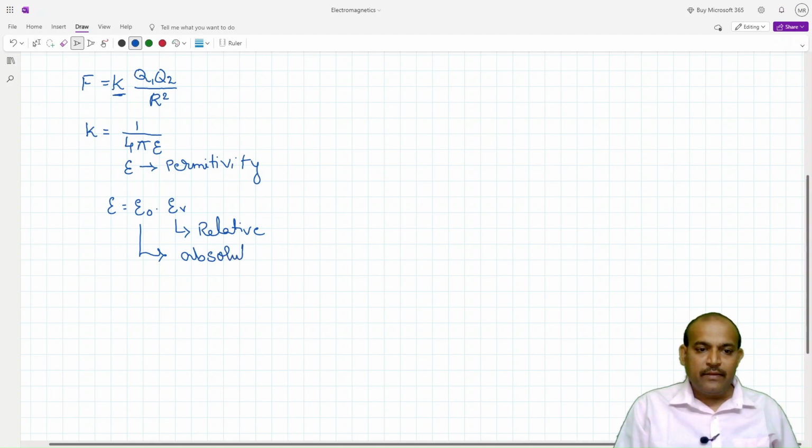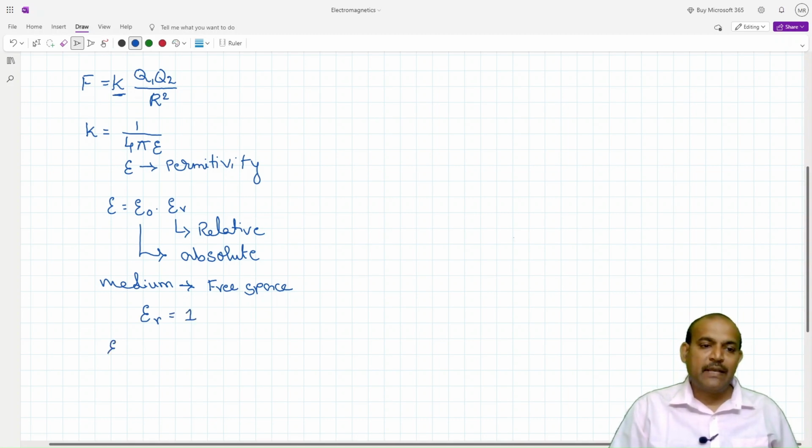Now consider the medium of propagation. If the medium between the two charges is free space, or vacuum, then epsilon r, the relative permittivity, equals 1.